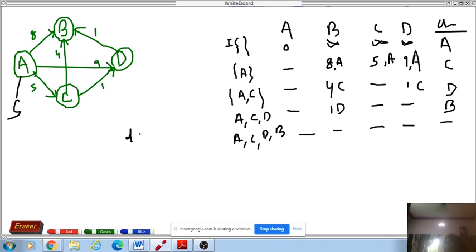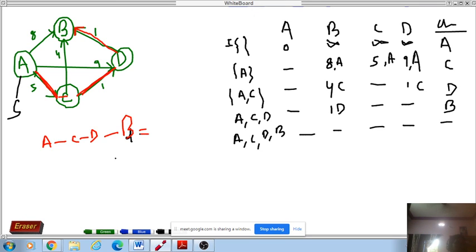Clear or not? In that way it will travel: first it will start from A to C, then from C to D, then it will go from D to B. So the path is A, C, D, B. How much?